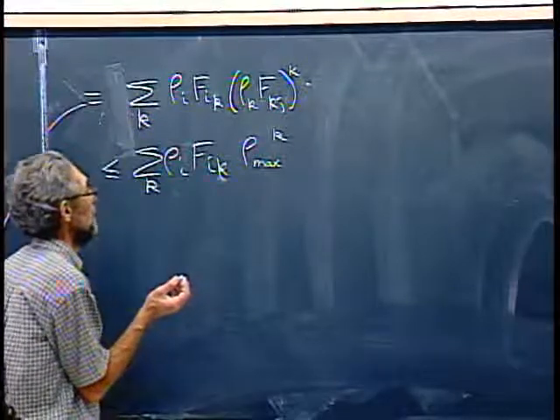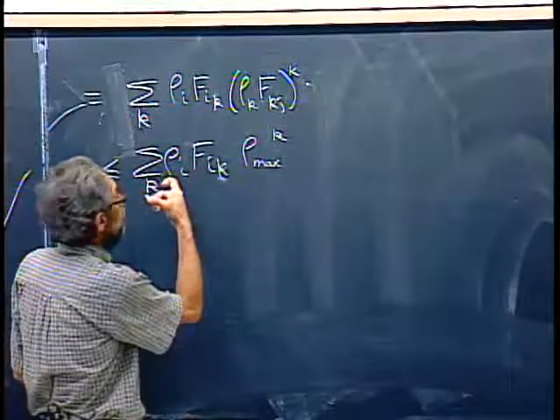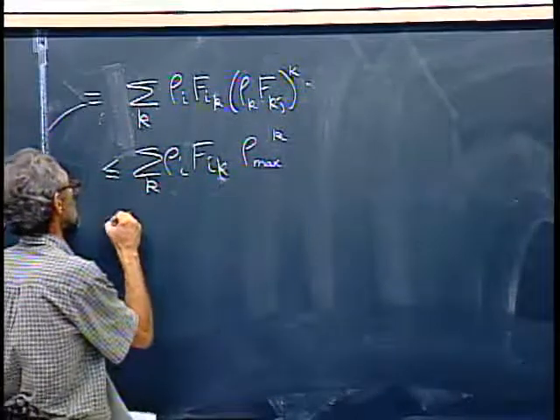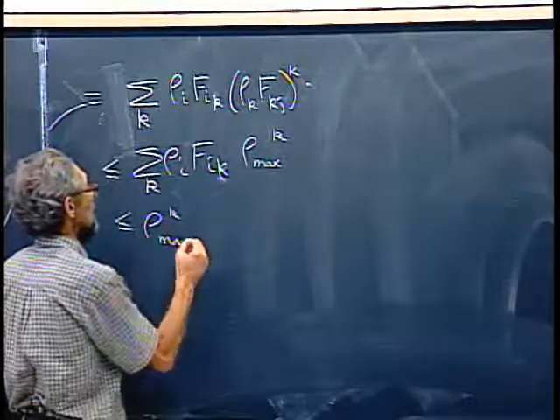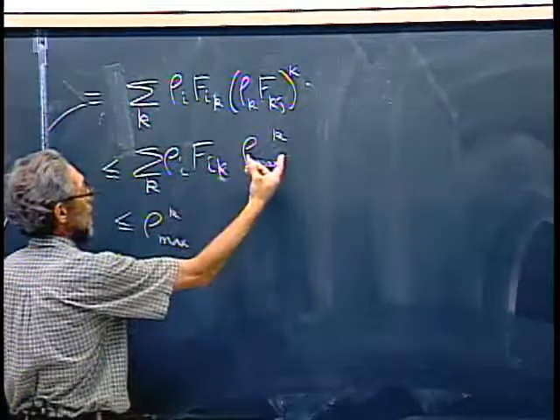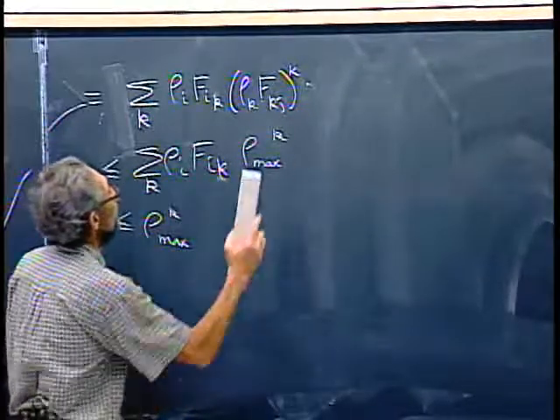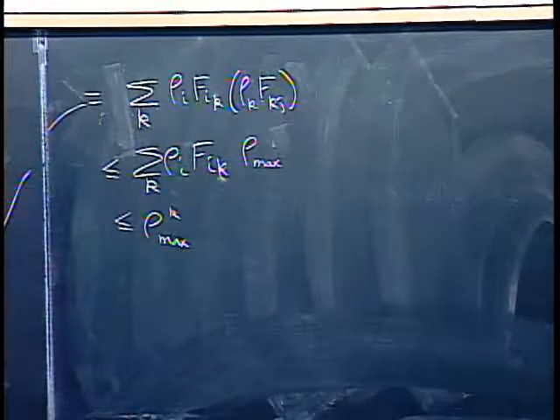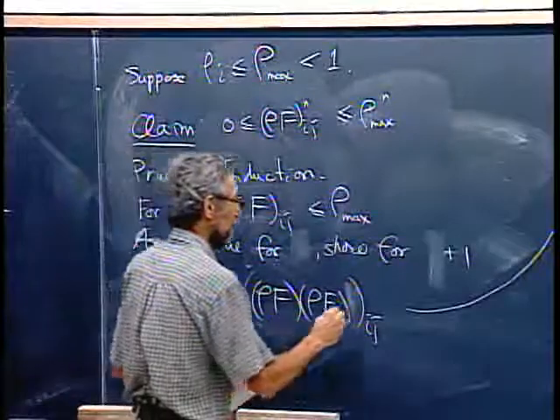I should have said assume true for n, show it for n plus 1, because k was my index in the formula I always use for matrix multiplication.